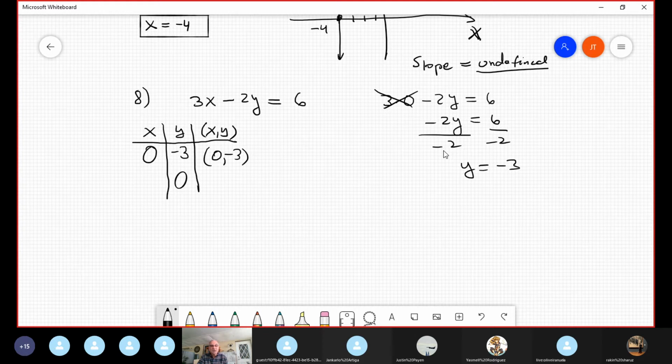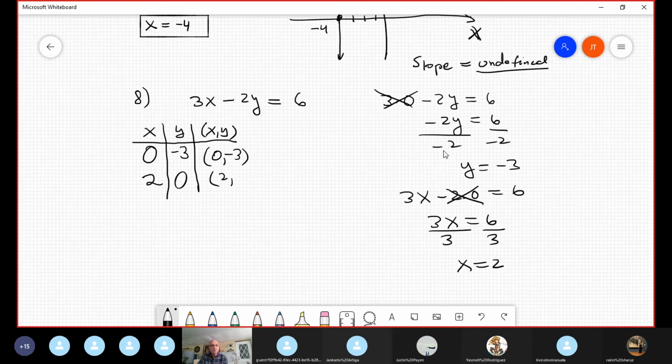Now the y-zero case, same thing. 3x minus 2 times 0 equals 6. This is gone. 3x equals 6, divided by 3. X equals 2. So the point is (2, 0). Now ready to do the graph.